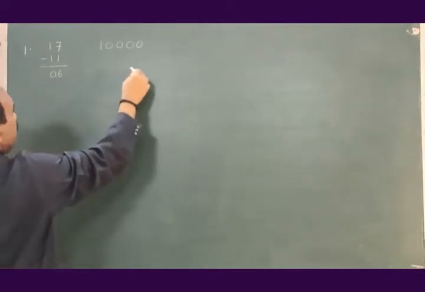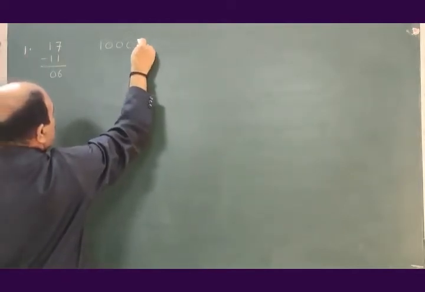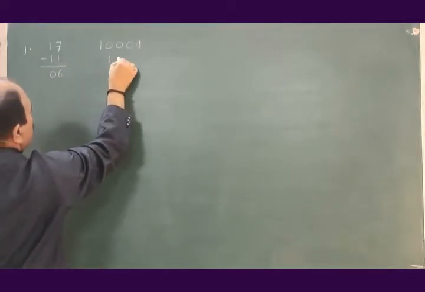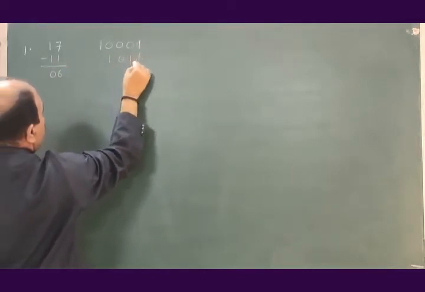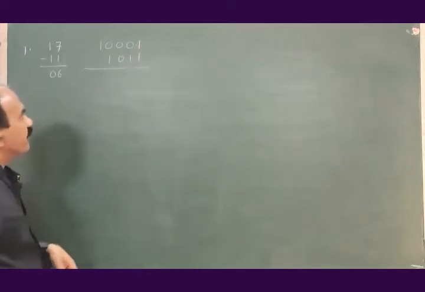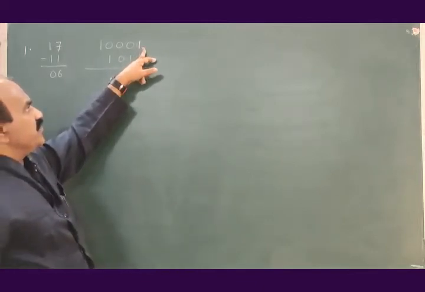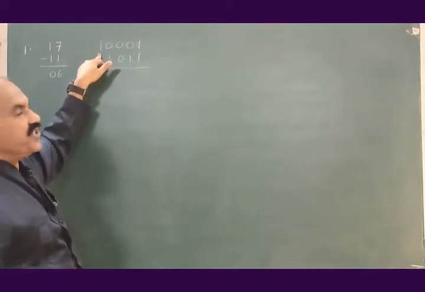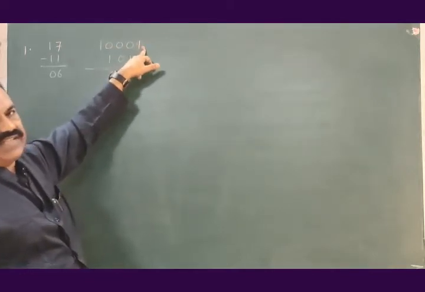We want 17, so replace this 0 by 1. 11 is 1, 0, 1, 1. 2 to the power 0, 1, 2, 3, 4. 2 to the power 4 is 16, plus 1, 17.